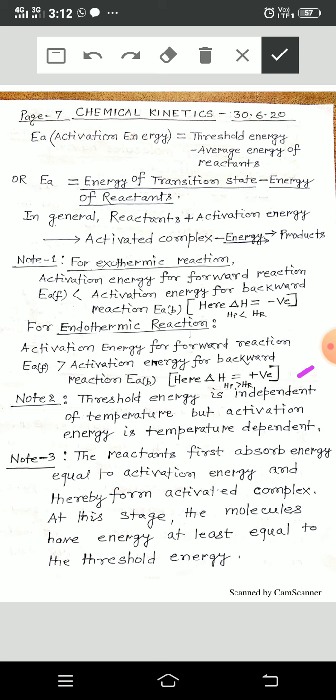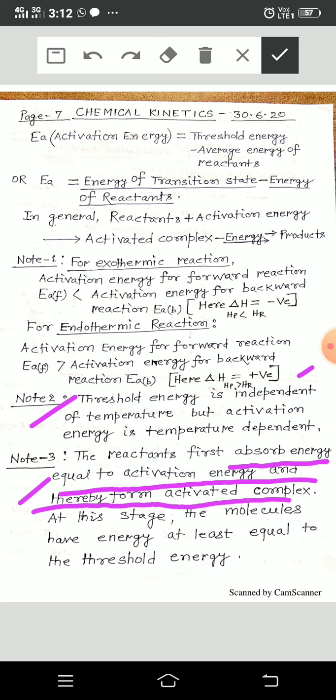Note number 2: threshold energy is independent of temperature, but activation energy is temperature dependent. And note number 3 says that the reactants first absorb energy equal to activation energy and thereby form the activated complex.